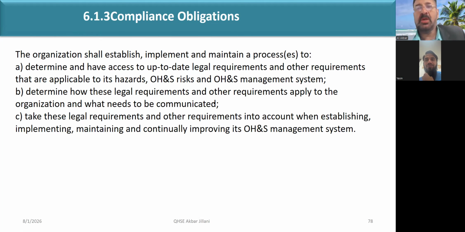Because in India we have different regulation from the UAE. In America, we have different. In the UK, we have different. Because it's an international standard, it will not have the compliance obligations of any one country. They tell us to go through the legal requirements of where you are working.